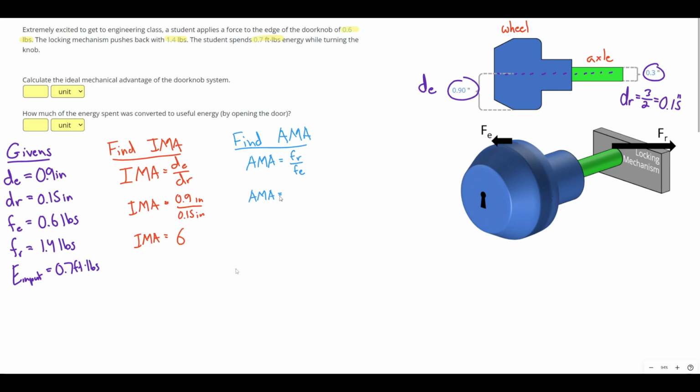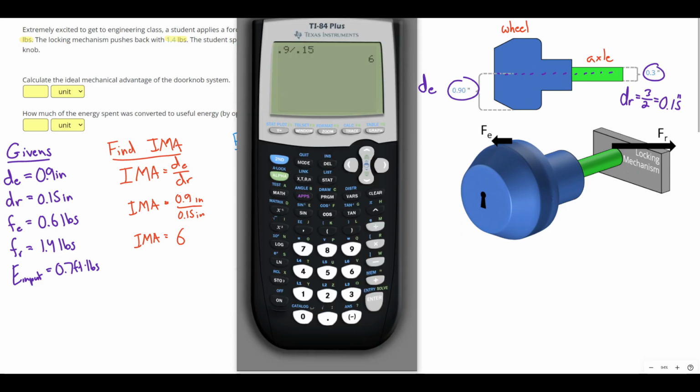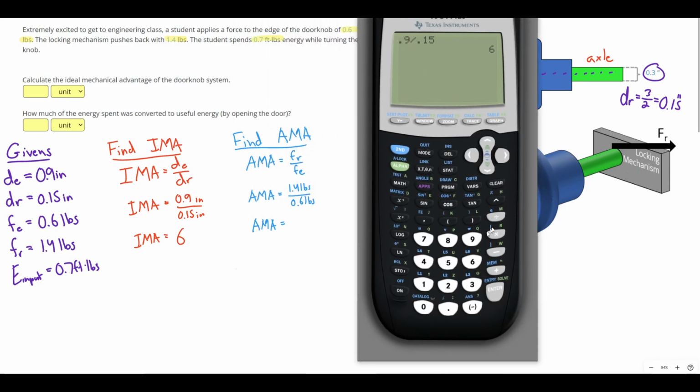So that's going to be 1.4 pounds over 0.6 pounds. Let's do that in our calculator. 1.4 over 0.6 is 2.33.